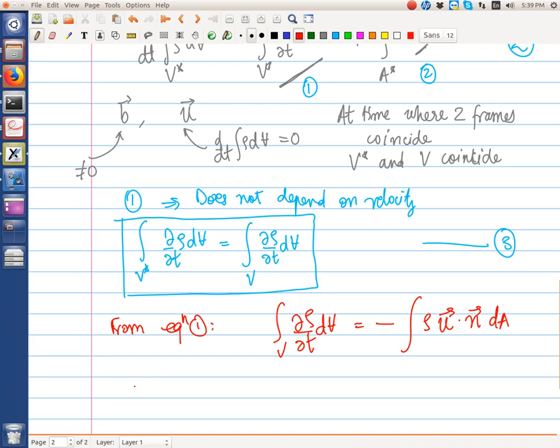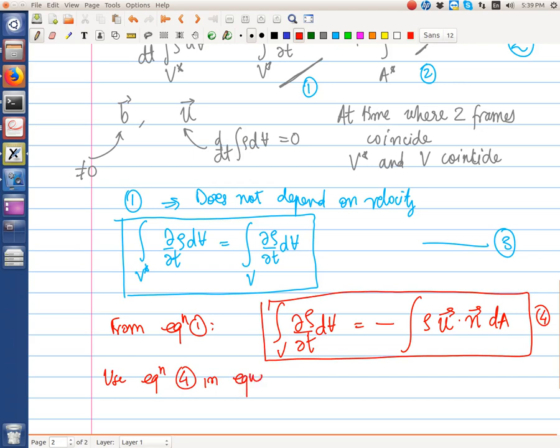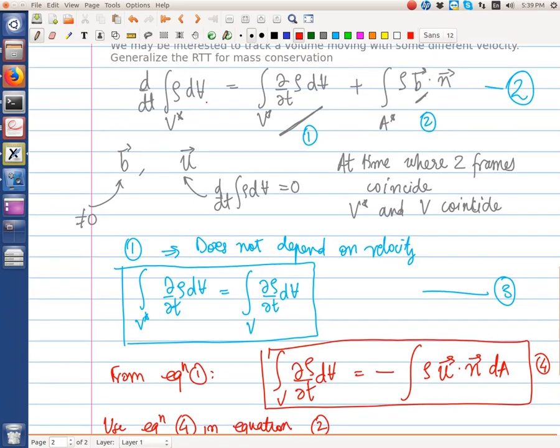Write this equation as 4. Use equation 4 in equation 2. We will substitute whatever is this from this.